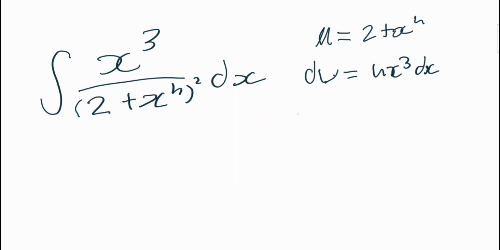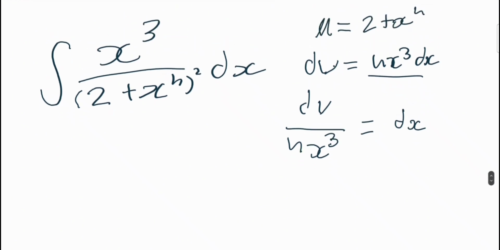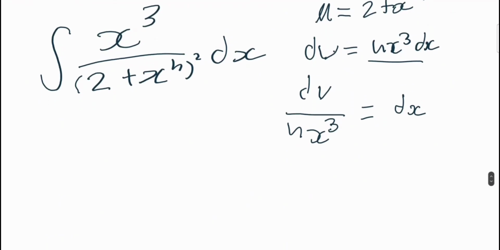We need to divide by 4x cubed. So this is going to be du over 4x cubed, and this is going to equal dx. Great.